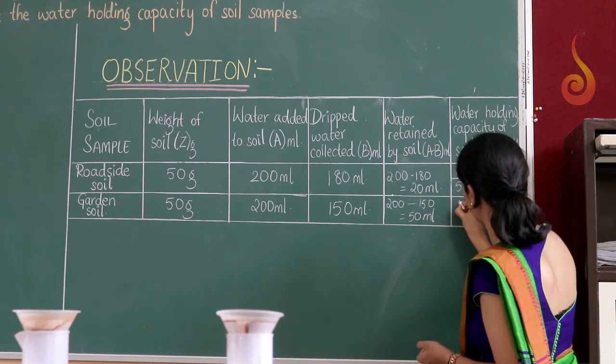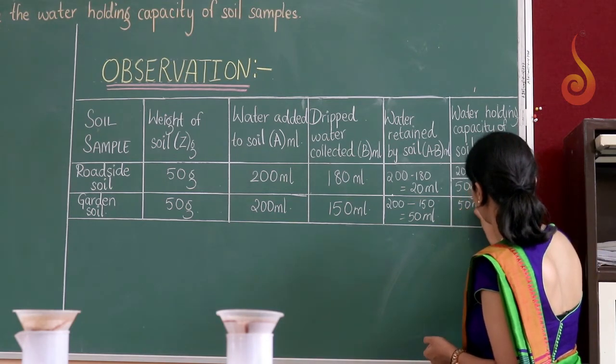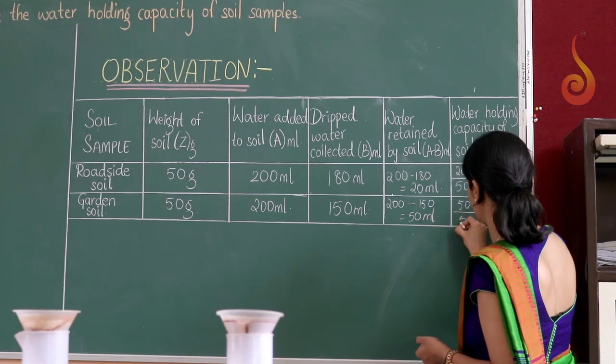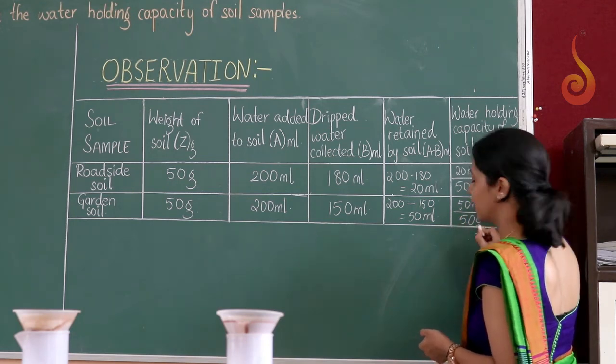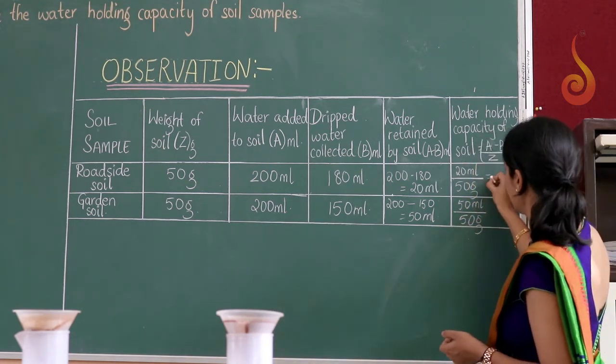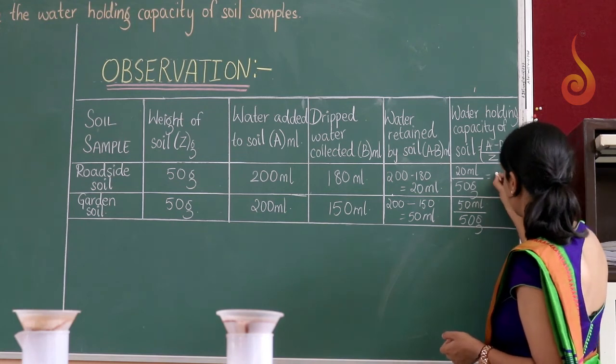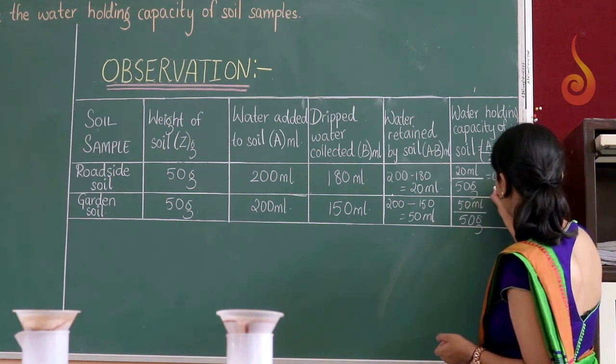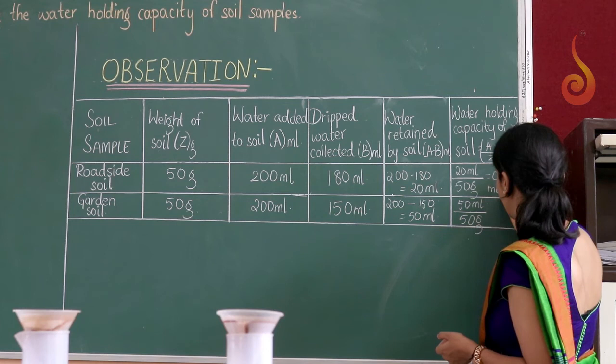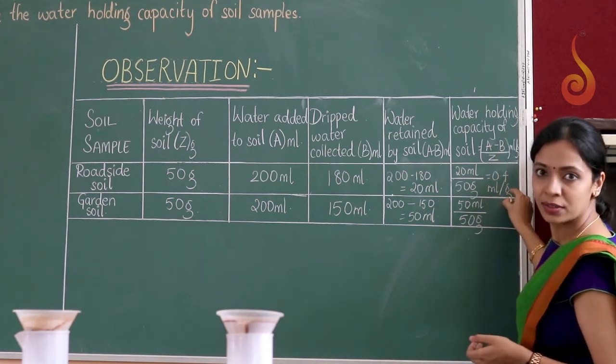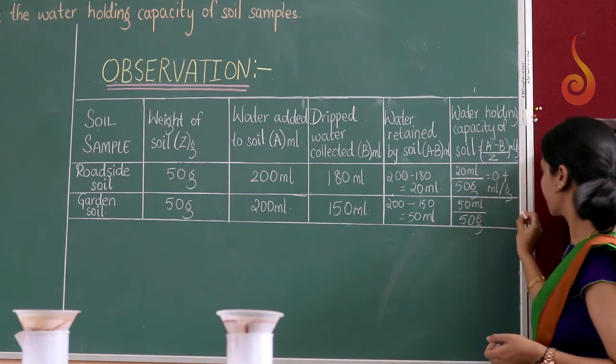This will be equal to 0.4 ml per gram. The unit is important.